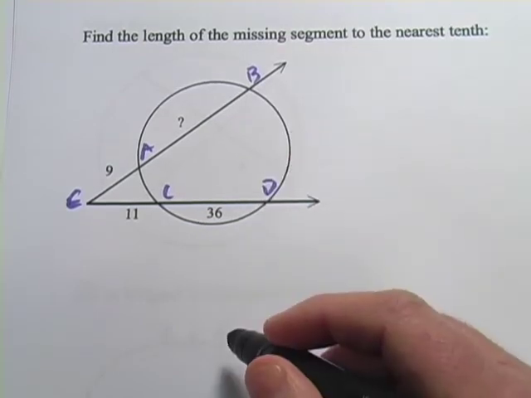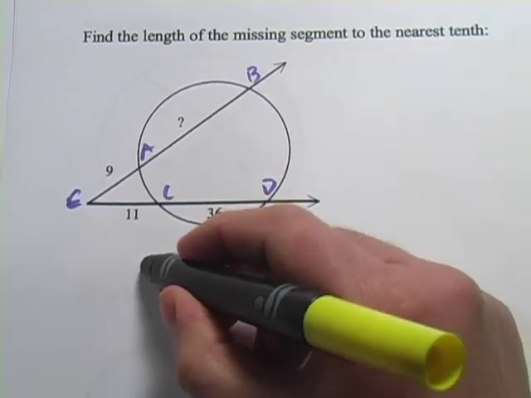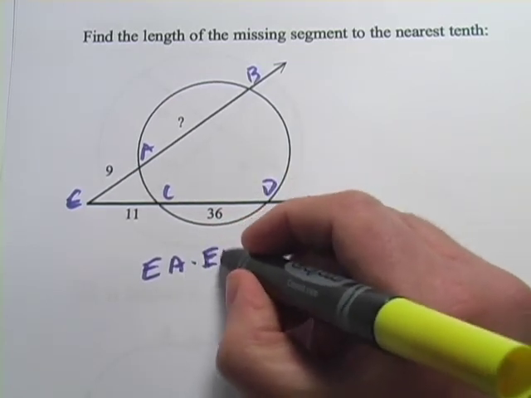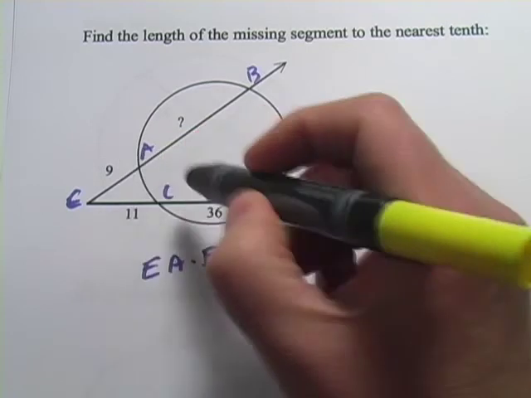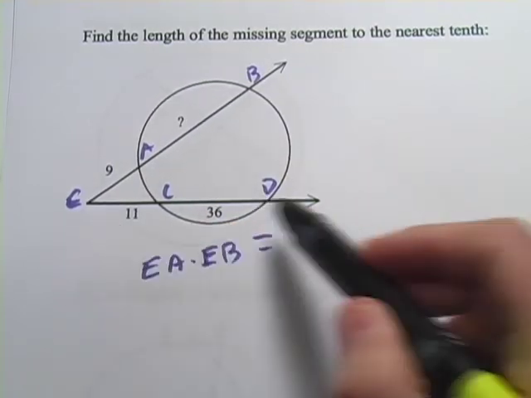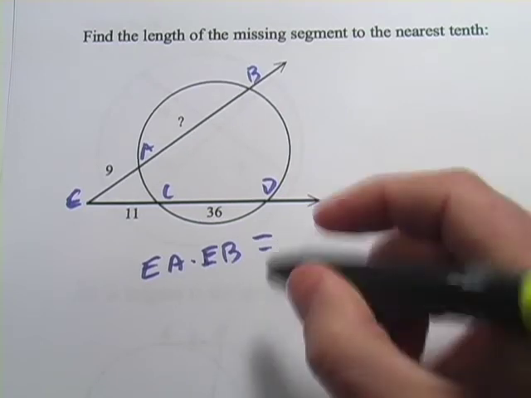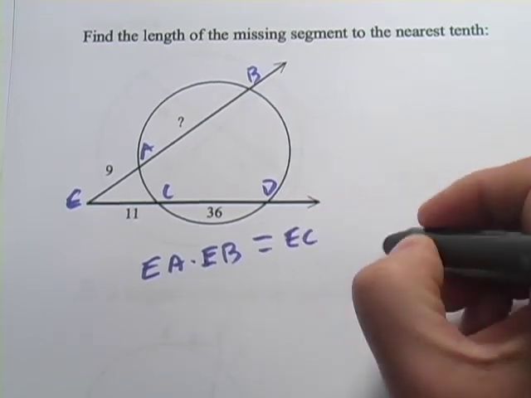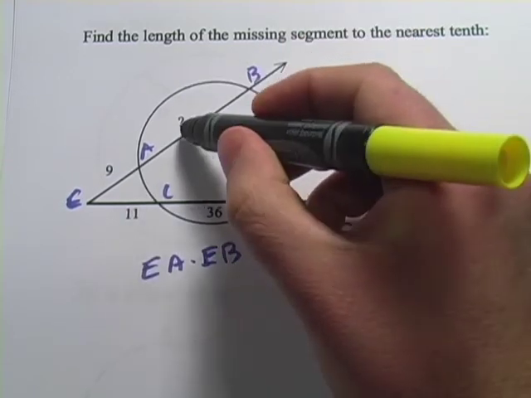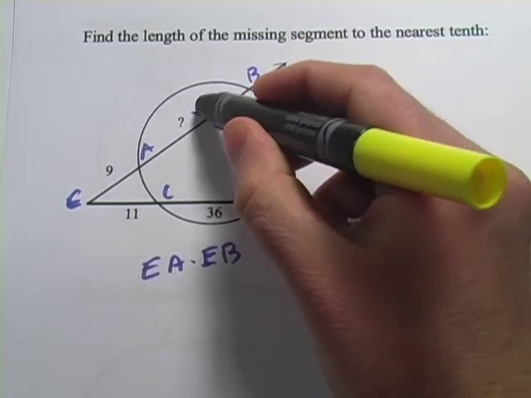So the way this relationship works is that EA times EB. So that's this part right here times the whole length here equals that same relationship on the other secant. So EC times ED. So if we can call this question mark what we're looking for, we'll call that x.